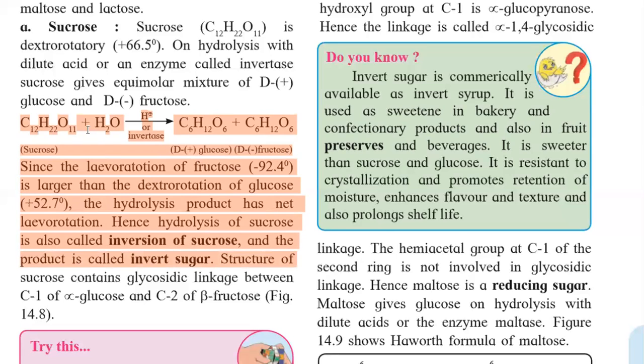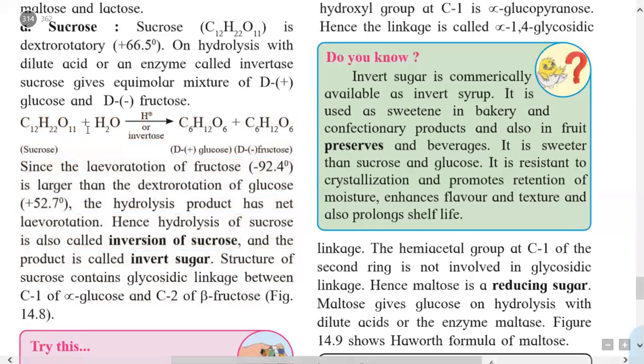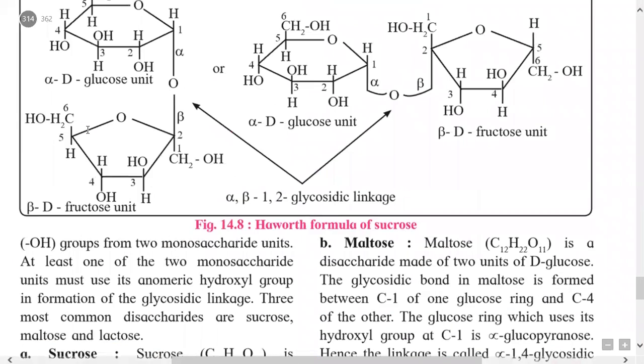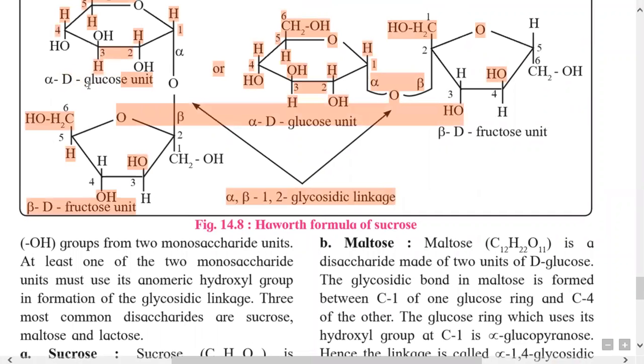The structure of sucrose contains a glycosidic linkage between C1 carbon of alpha glucose and C2 carbon of beta fructose. This we had studied last time, this ring structure of sucrose, one molecule of glucose and one molecule of fructose bonded together.